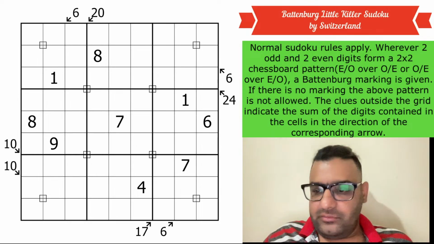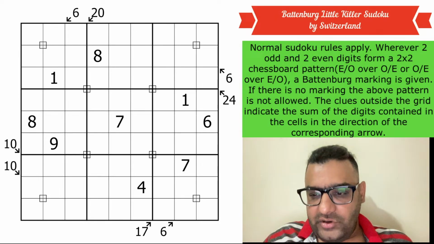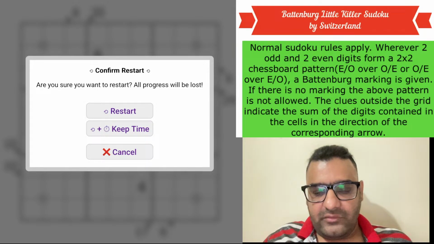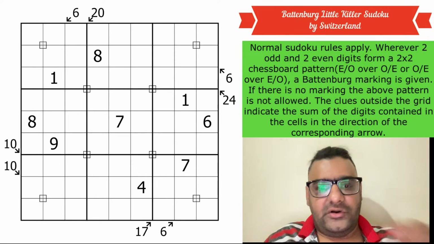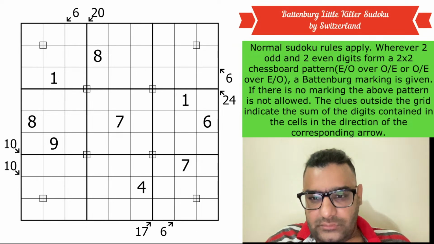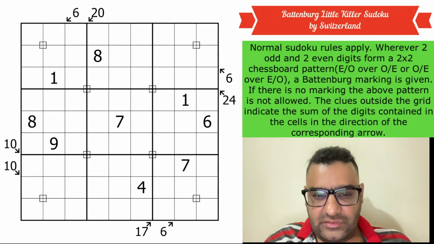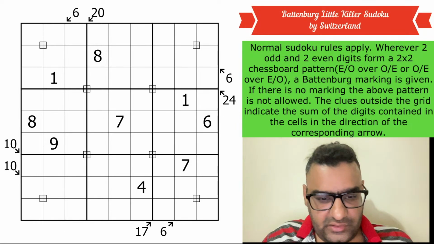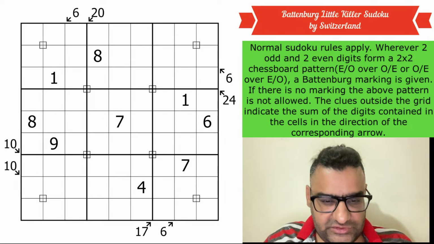So now let's start this puzzle. So I am going to restart so that my timer starts from 0. So let's start the puzzle. Let's see first what could be the first digits that I can see.